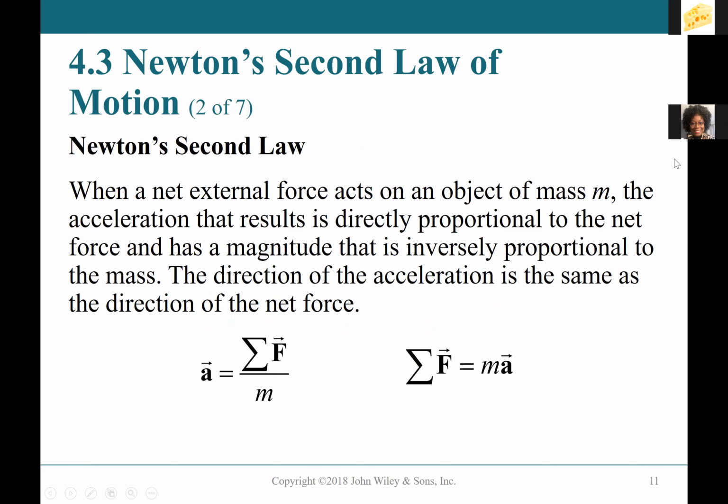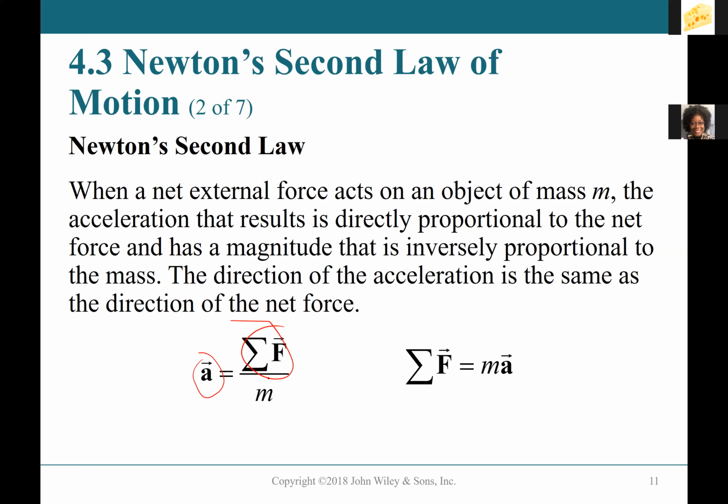Okay, now let's discuss Newton's second law. When a net external force acts on an object of mass m, the acceleration that results is directly proportional to the net force. So that means that as I increase my acceleration, I increase my force. They are directly related. And it has a magnitude that is inversely proportional to the mass.